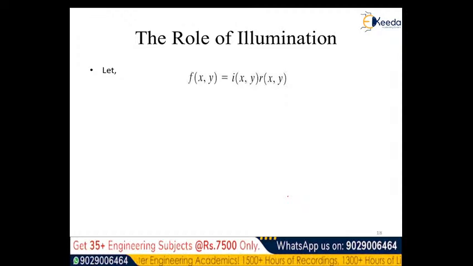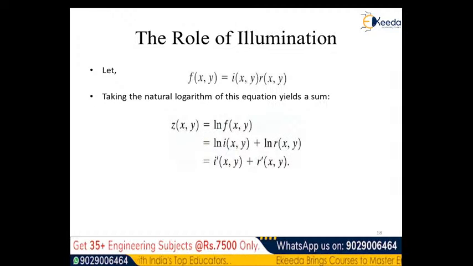The reflectance component here we denote by r of x comma y, whereas the illumination component we denote by i of x comma y. These are the two different components here. Now, if we take the natural logarithm of the above equation, we can have the representation.